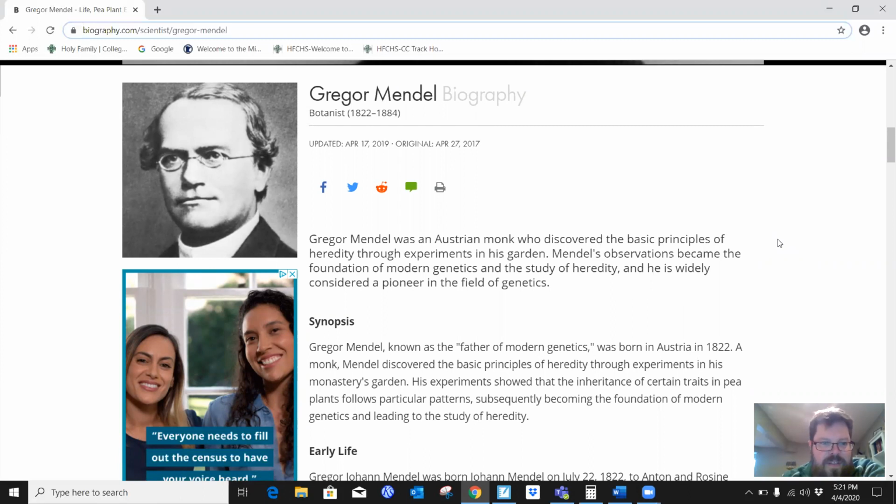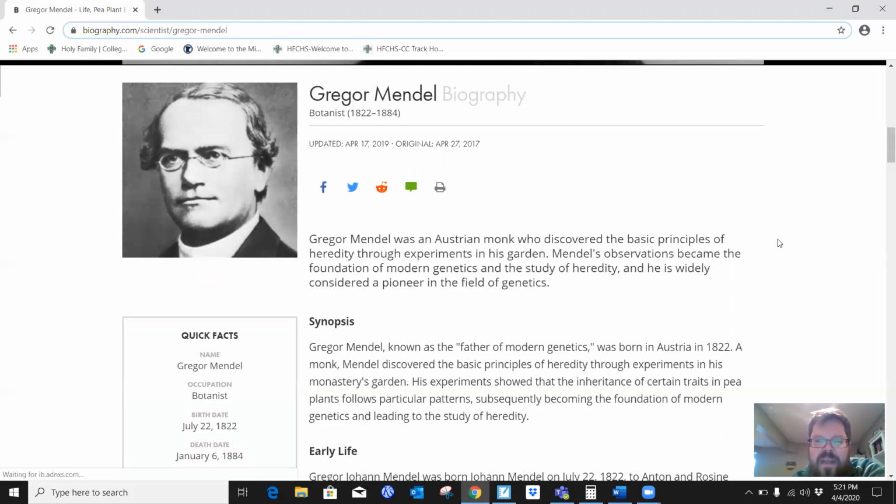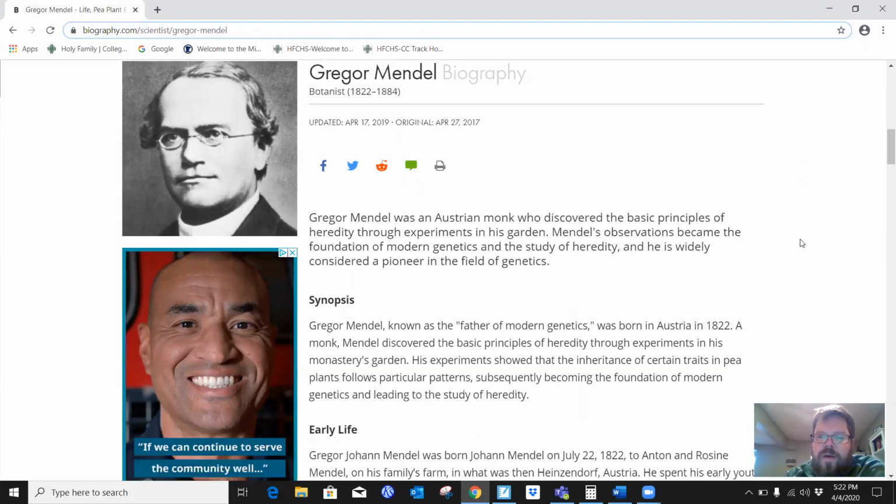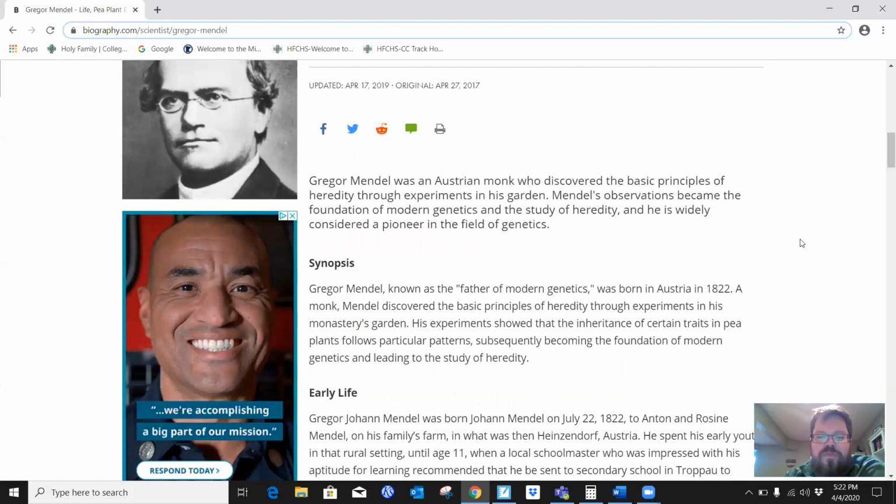He becomes fairly renowned for his skills in mathematics and science, and he ends up being put in charge of the garden and making some experimentation. He was very fascinated by how certain plants ended up showing different characteristics, and he set about trying to find a way to mathematically explain that. Much of what he did was a perfect example of the scientific method.